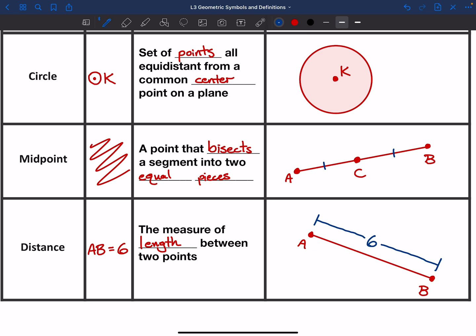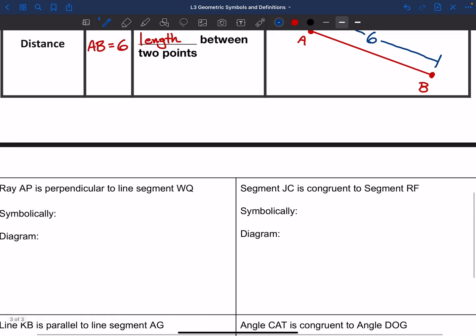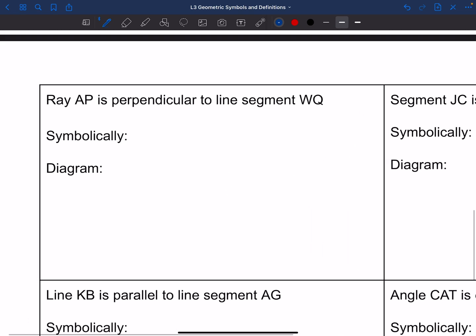Oh my goodness. We're going to take a quick look at some diagrams just to practice with these a little bit, and then we'll be done. So on this one, we've got ray AP is perpendicular to line segment WQ. What we're first going to do is write it symbolically, taking it one piece at a time. We've got ray AP, so AP, and then to make it a ray, I'm going to put a little arrow with one direction on it.